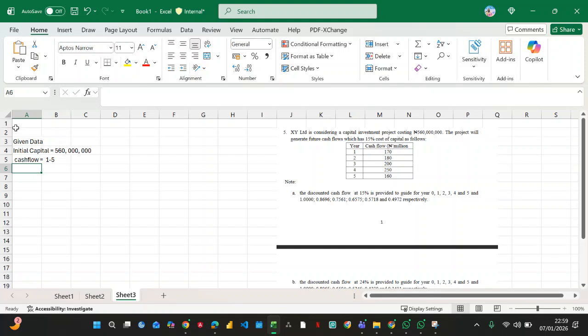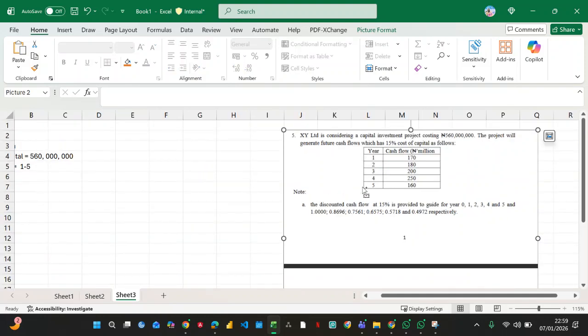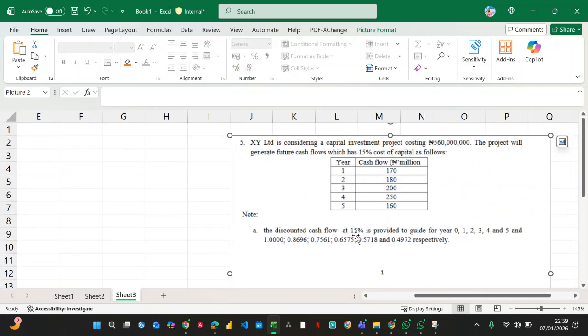The question said the discounted cash flow at 15% is provided for year 1, year 3, year 4, and so on. So that is the discount factors.